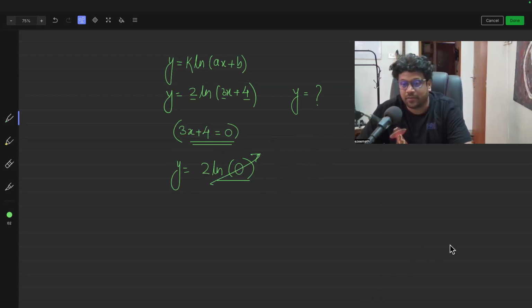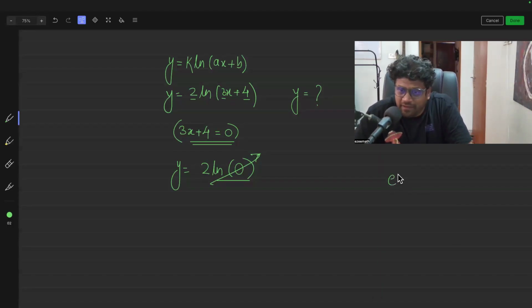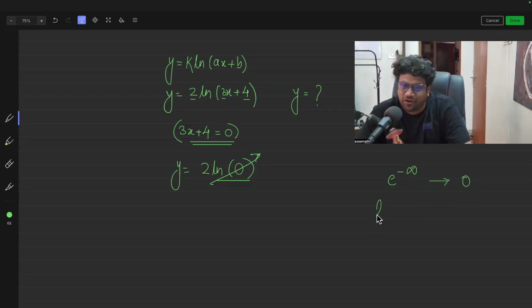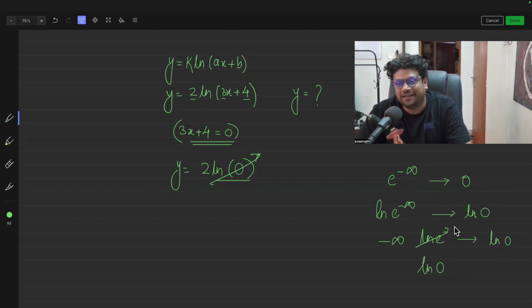Let's see. So, in the previous example, we saw e to the power of negative infinity tends to be 0. Let's take natural log on both sides. And there it is. I get a rough value that ln 0 tends to negative infinity.